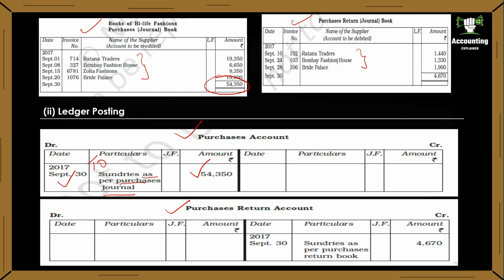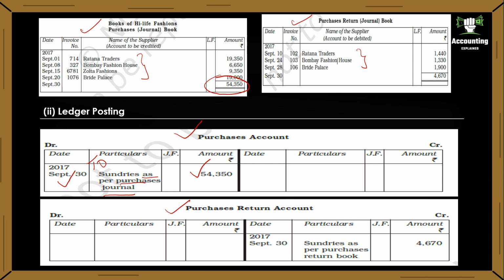In a similar way, we also did the petty cash book if you remember in the previous video. In the petty cash book, the balance was taken to the petty cash account. In that we wrote as to sundries as per petty cash book and we wrote the amount. In the similar way the purchases account is also written because these are all special journals and the format is the same.